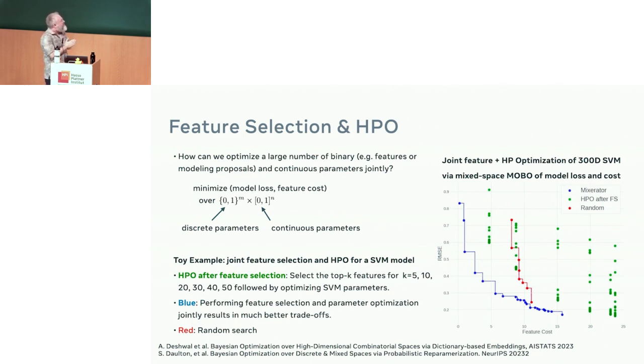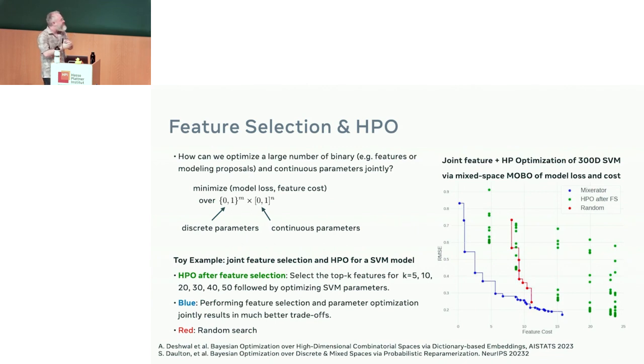And so in this case, in our simulation, we have some distribution of features. I think it's just kind of made up, but it's empirically motivated. And we have an SVM that has 300 hyperparameters, a bunch of them have to do with whether or not the importances of the features, and then the others have to do with some hyperparameters.